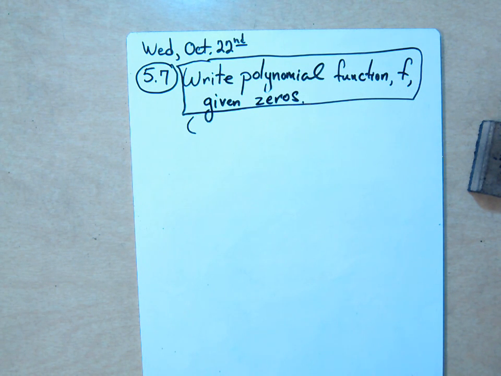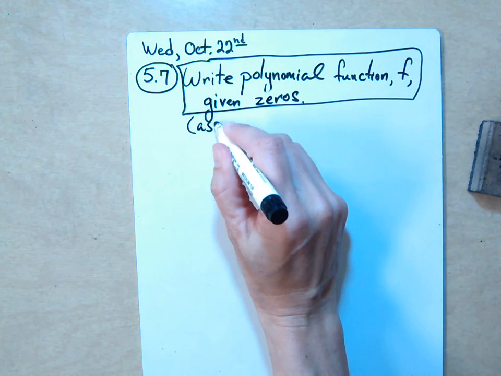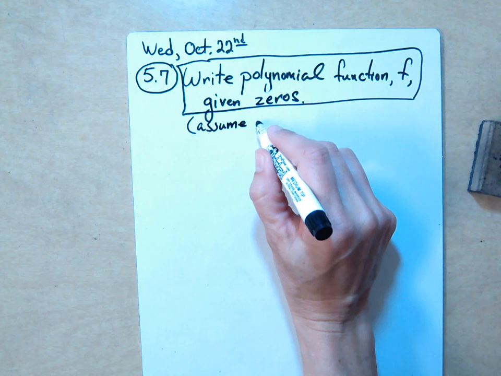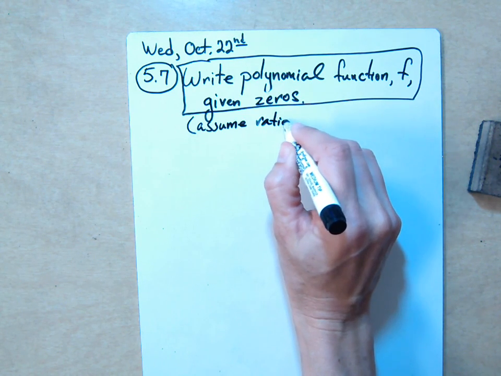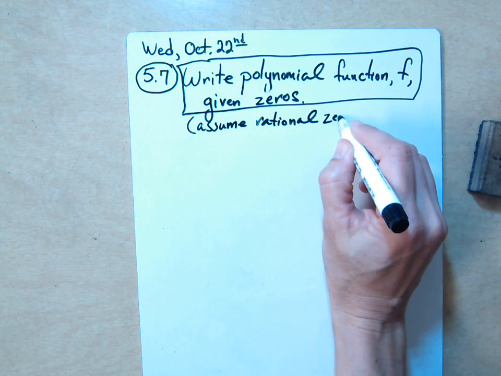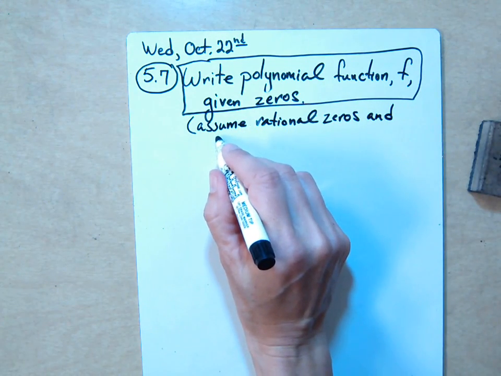So this process of working backwards can be quite complicated when you have imaginary solutions or irrational solutions, but we're going to keep it as simple as possible. So we're assuming only rational zeros, and the leading coefficient is 1.